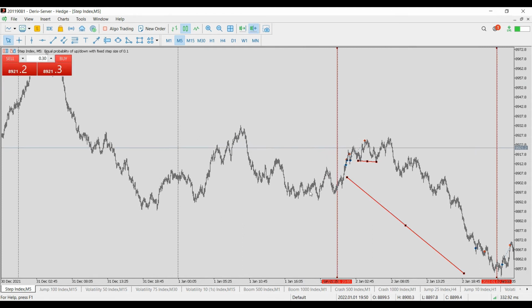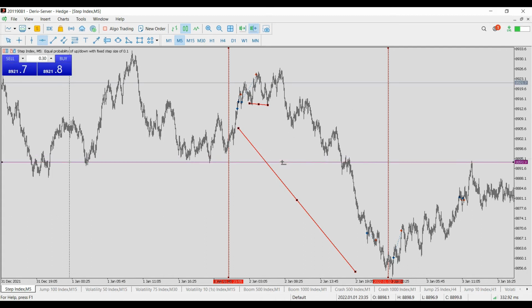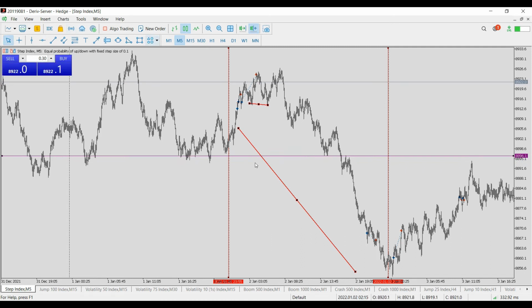I would really just call this corrections because the direction wasn't so clean. Then the market broke structure here. The first market structure was broken here.